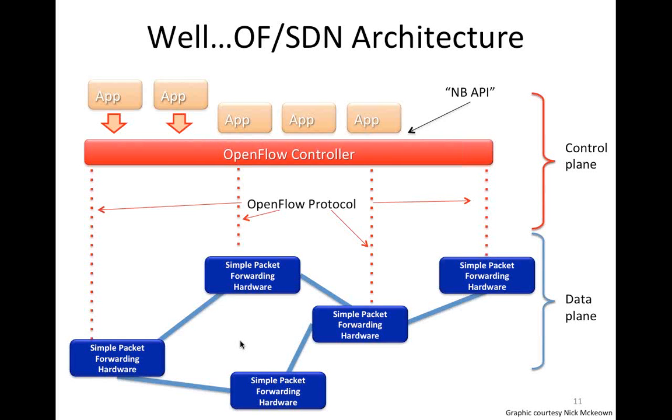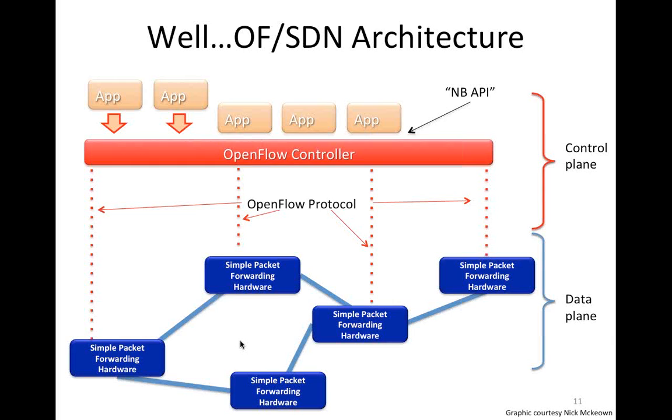So here's the classic OpenFlow SDN architectural picture from Nick McKeown. Basically, there's a bunch of simple packet forwarding hardware. This was core to it as well; there's kind of a CapEx component to this. The switches are simple, basically TCAMs.